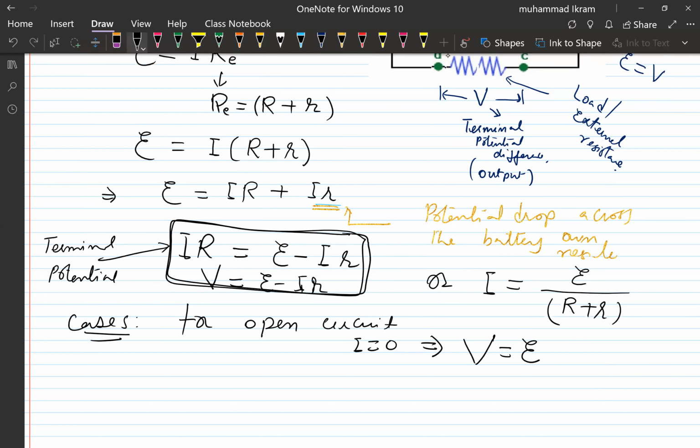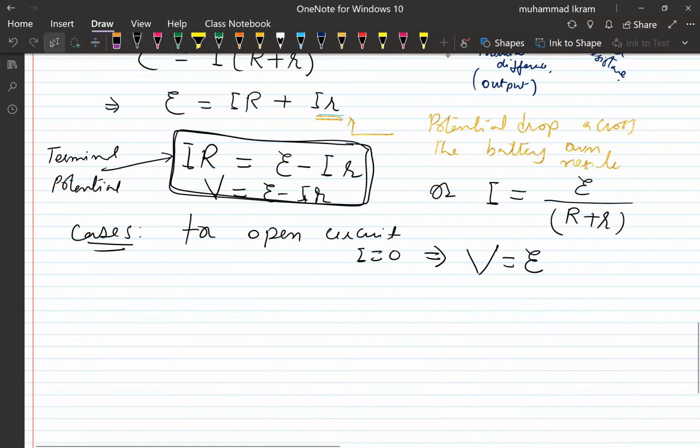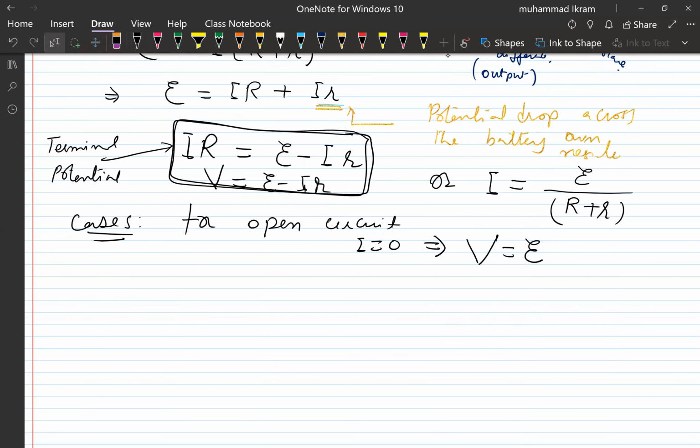There is no other way for which V becomes the electromotive force. The terminal potential difference becomes equal to the EMF of the circuit. This is only when the circuit is open, and this is case A.